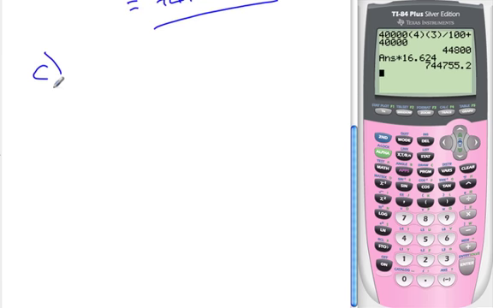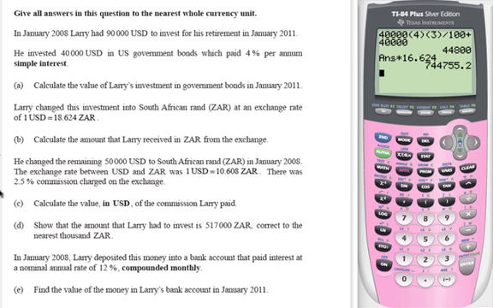All right, part C, what have we got? He exchanged the remaining 50,000 US dollars to South African Rand in January 2008. The exchange rate was $1 is 10.608 South African Rand, and there is a 2.5% commission charged on the exchange. Calculate the value in US dollars of the commission Larry paid.